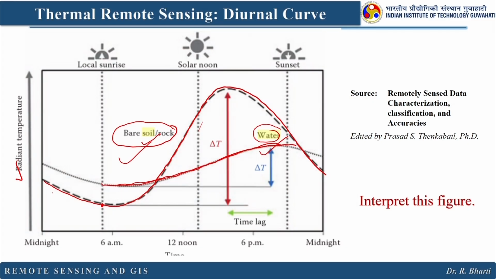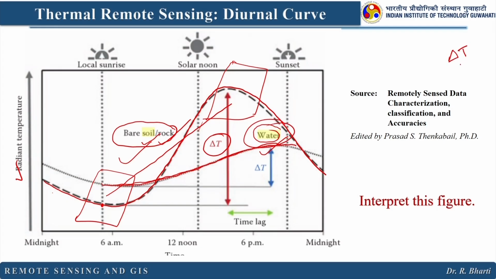Now suppose you have captured one thermal image at this particular time and the second image at this particular time for any given rock. Here you can easily find out what the delta T is. At the same time you can also do it for water, and you can easily find out the temperature difference between day and night.